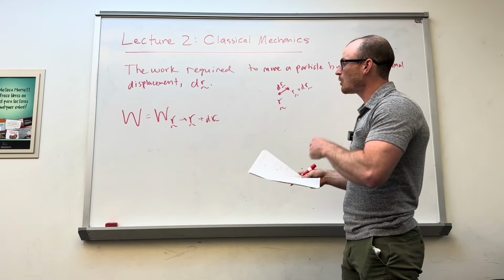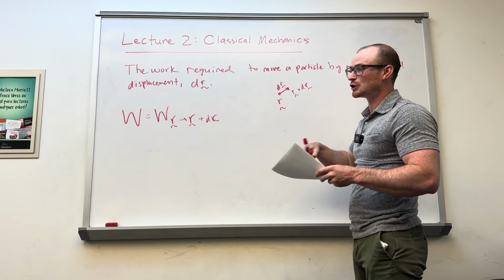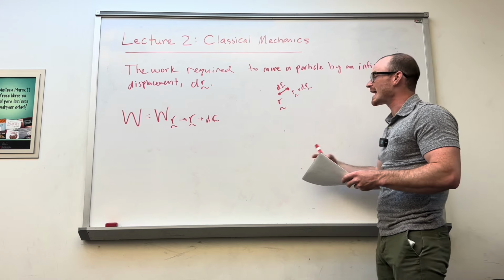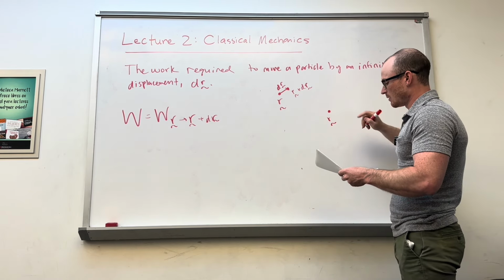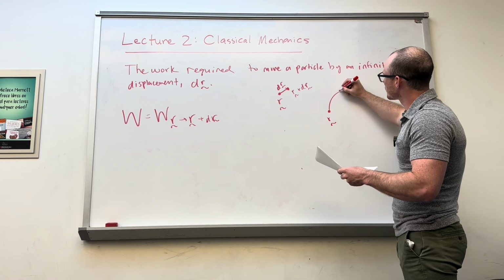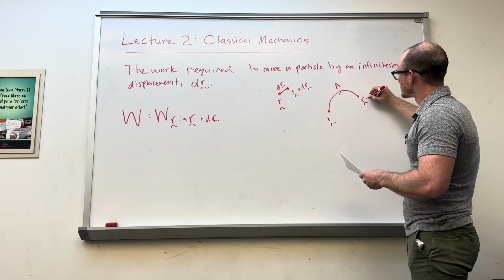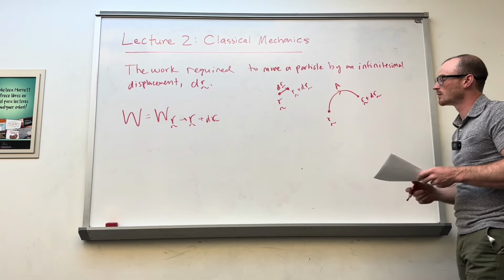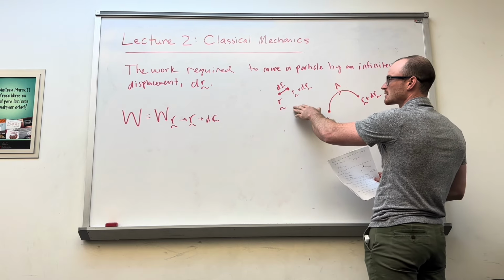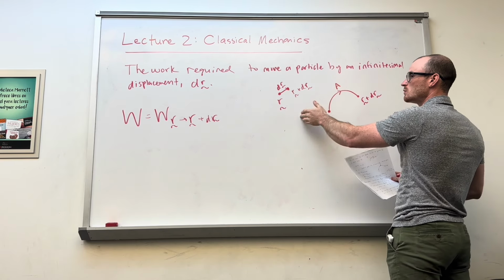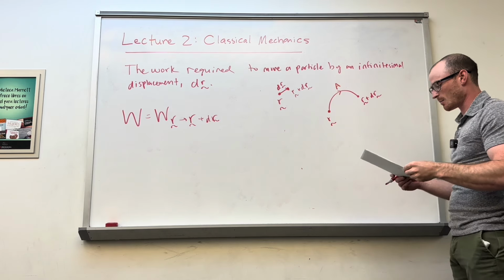So let's suppose, rather than going through just dr now, we're actually going to go through an additional point A. So we'll start here, and we'll say we're going to go through some other point A on our way to r plus dr. Now, remember, this is fine, because of what we showed last time, it doesn't matter what points we move through in the path. It only matters that we move between the start and end points.